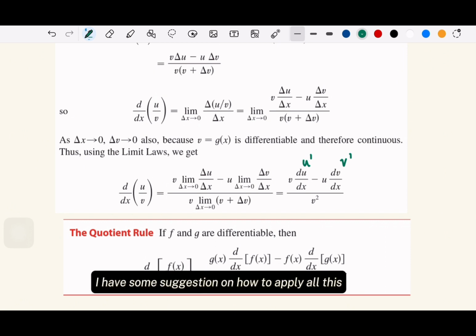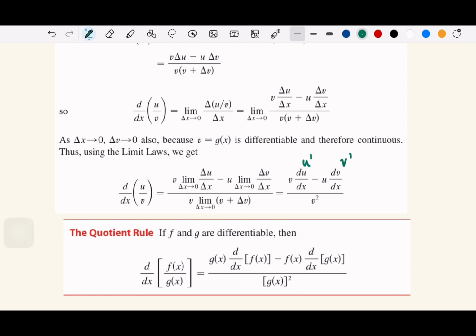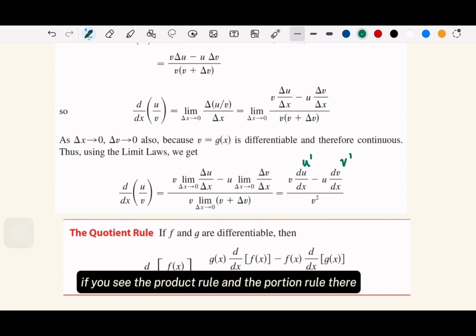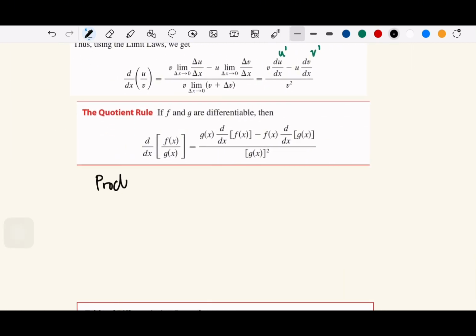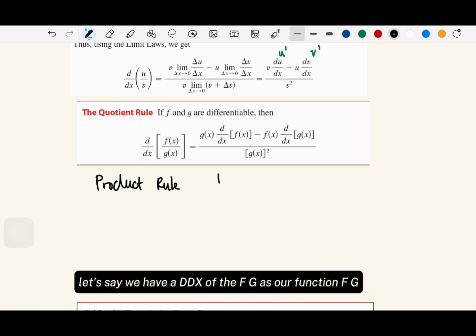I have some suggestion on how to apply all of this, if you think that this is too much. If you see the product rule and the quotient rule, they have patterns, right? Let me write the patterns here. So usually I write for the product rule, let's say we have d dx of fg as our function.